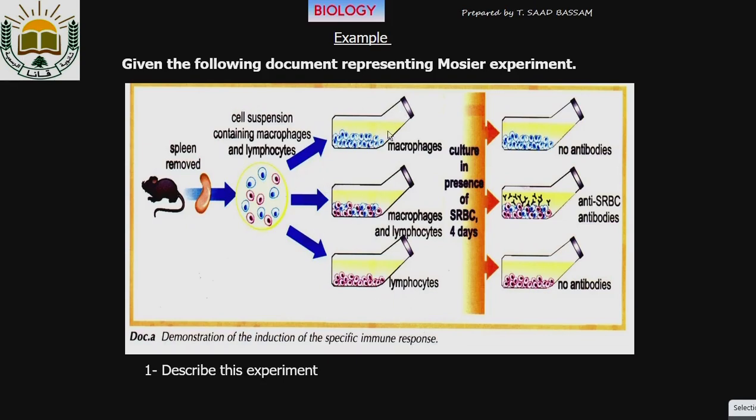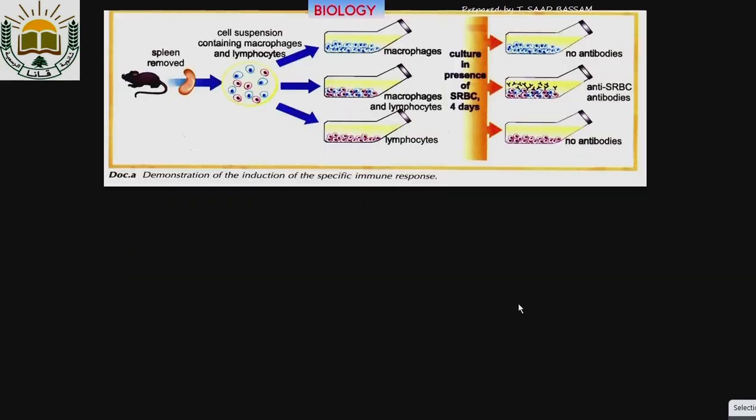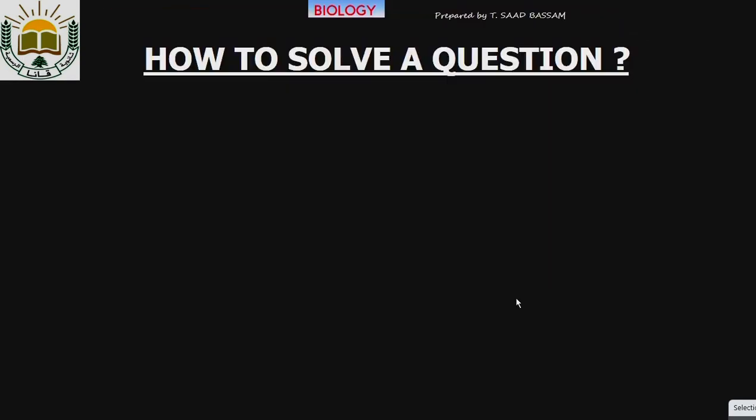We separate the cells into three containers: only macrophages in the first, macrophages and lymphocytes in the second, and lymphocytes in the third. We added to them SRBC, sheep red blood cells, and we keep them for 4 days as culture. At the end, we do not obtain antibodies in the first. In the second, we obtain anti-SRBC antibodies, and in the third, no antibodies are obtained. So it was the description.